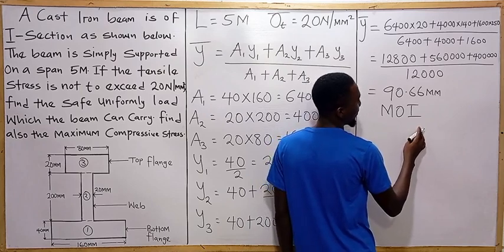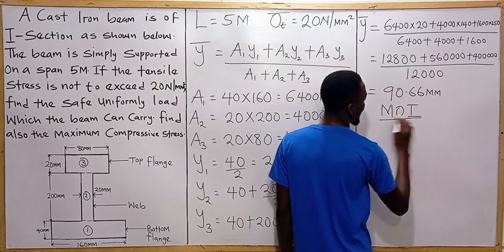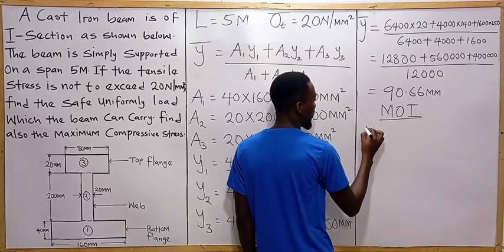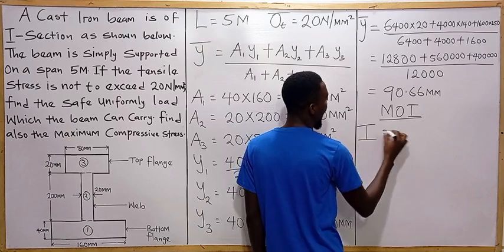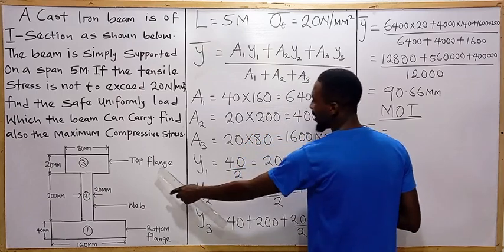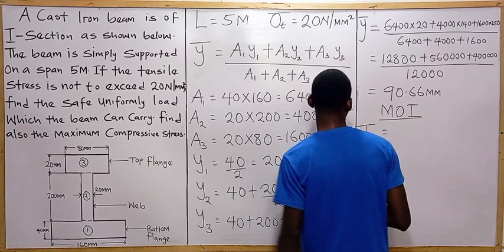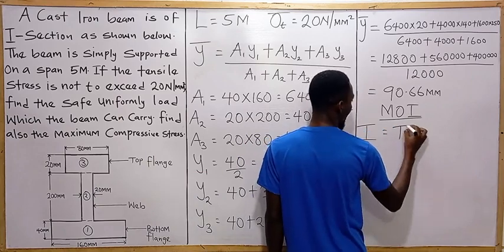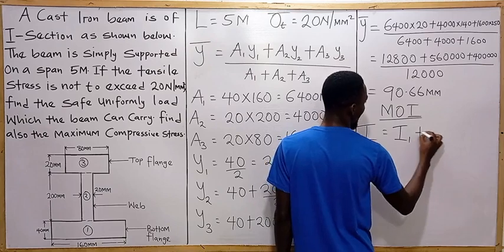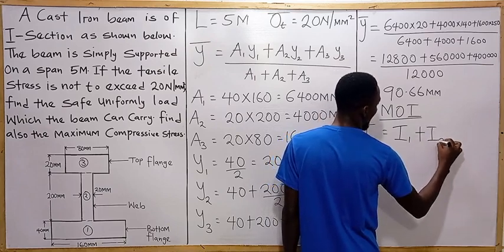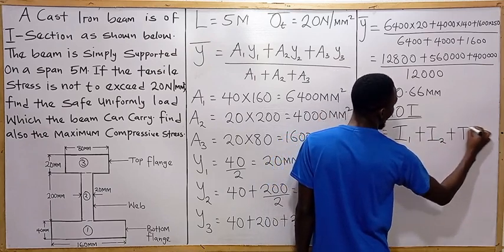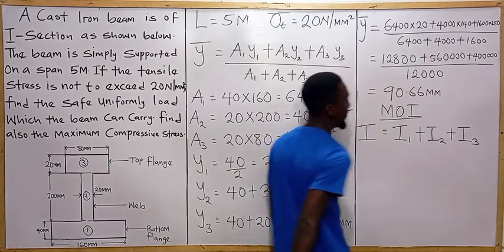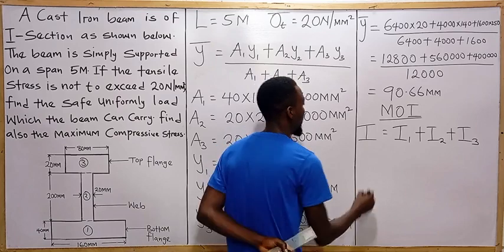Please, maybe you just write this in full. This is denoted by I. Because we have three rectangles there, we are going to have this to be I1 plus I2 plus I3. All right. So let's start with I1.